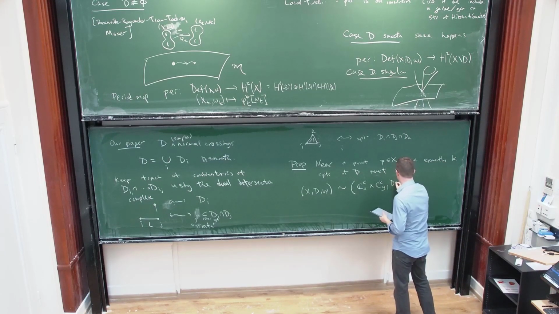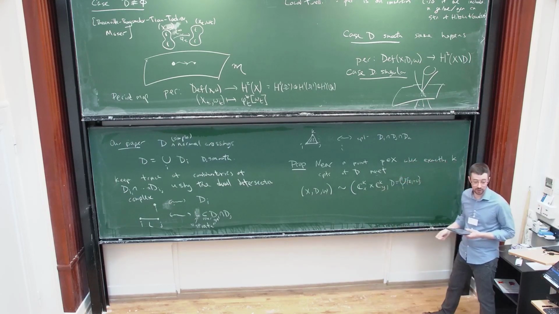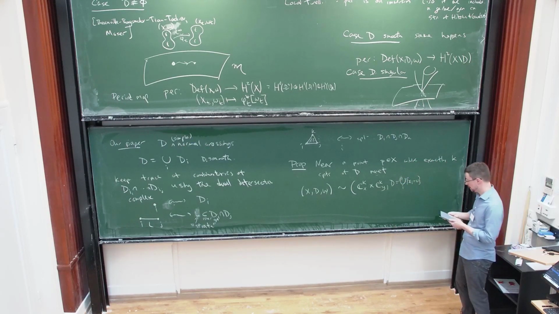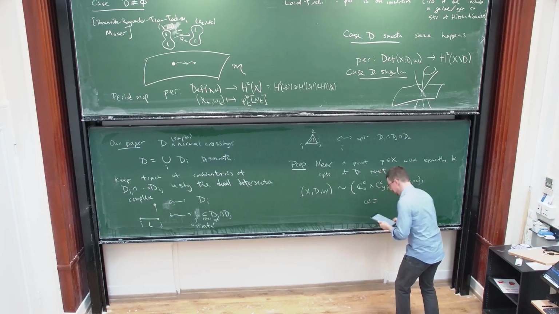The divisor is going to be the union of the coordinate hyperplanes in the x direction. The y's don't play a role for the divisor. And then omega has the following form.